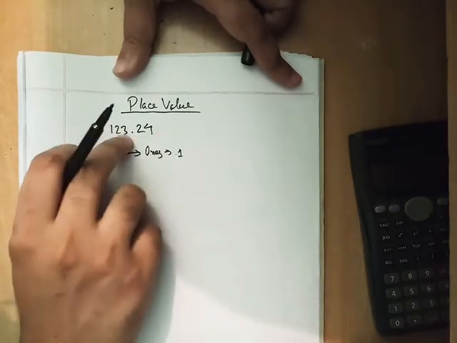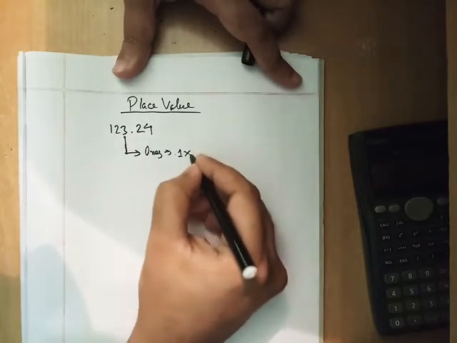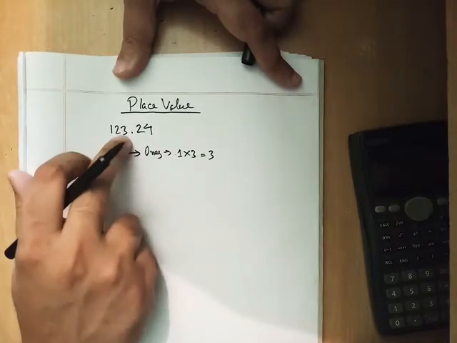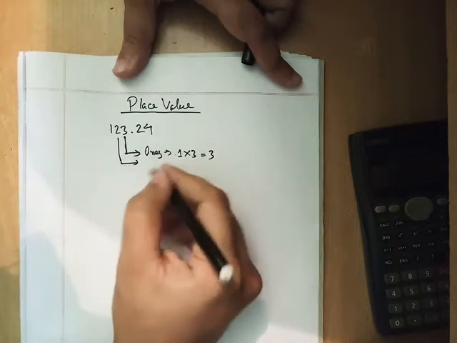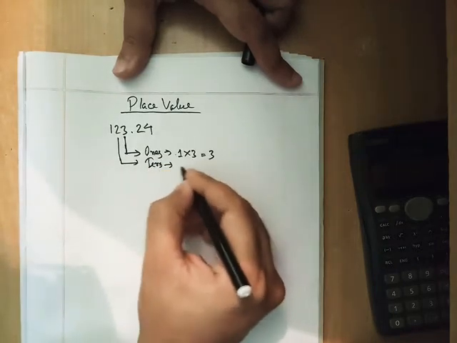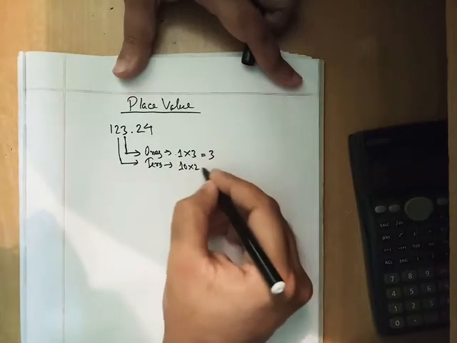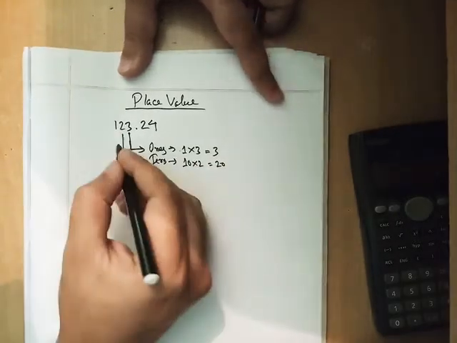As we have the number 3 here, the actual value of this place is 1 into 3, which is equal to 3, but the place value is 1. Now for the second one, the place name of this digit is tens, the place value is 10, and the digit here is 2, so the value of 2 here is 20.